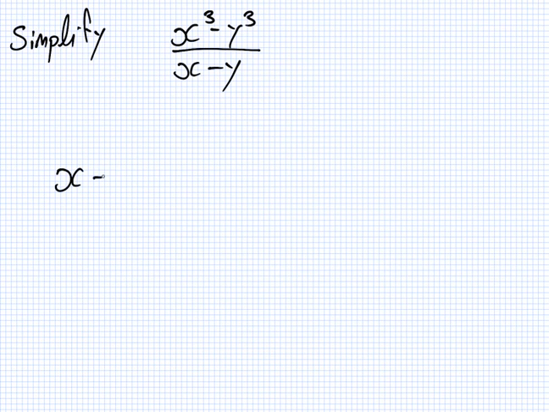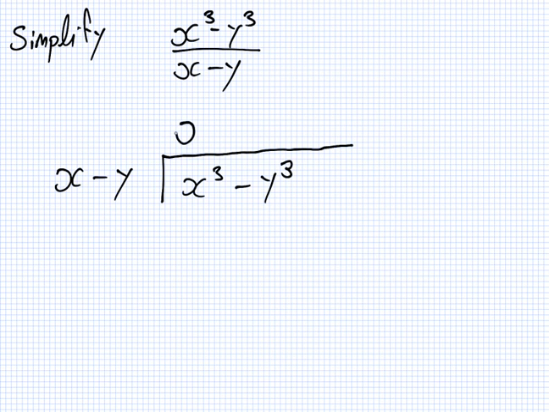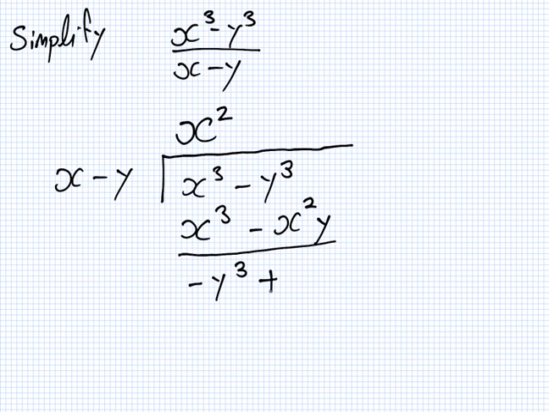So let's do our long division like we normally do. But this one is a little bit different. So what do I need first? X cubed minus x squared y. Okay. So that's x cubed minus x squared y. Now, when I subtract, these go, and I'm left with minus y cubed plus x squared y.